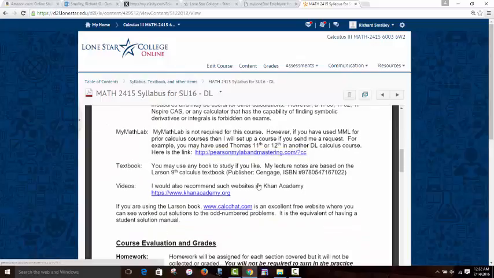MyMathLab is not required, but if you have come from a calculus course where you've used MyMathLab fairly recently, and as long as the book is still supported by them, I could set up a blank course for you. I use the Thomas book as an example here.